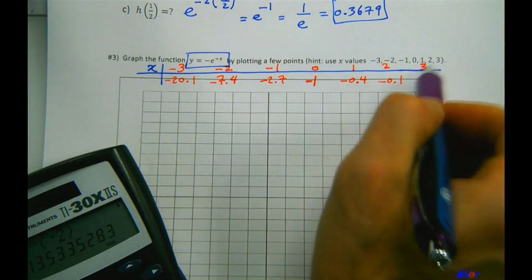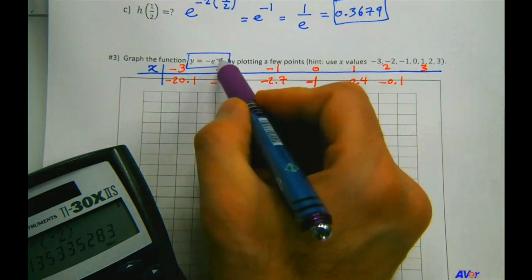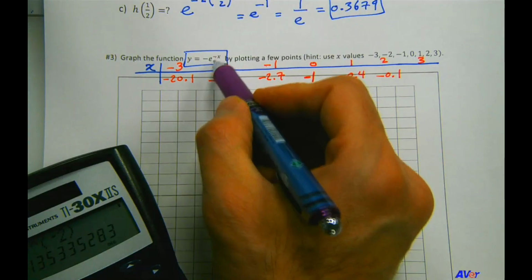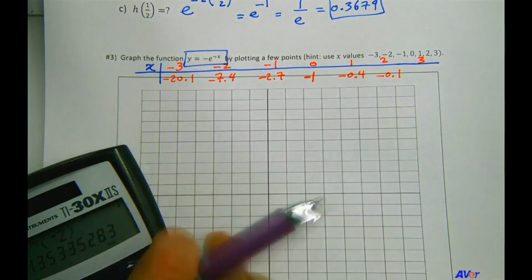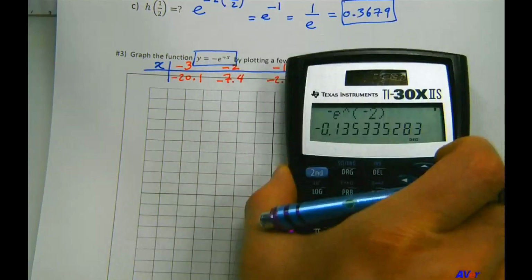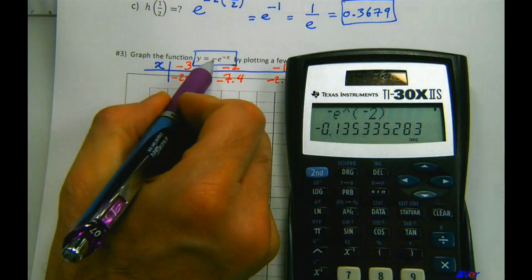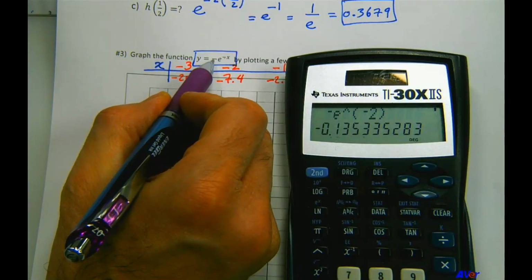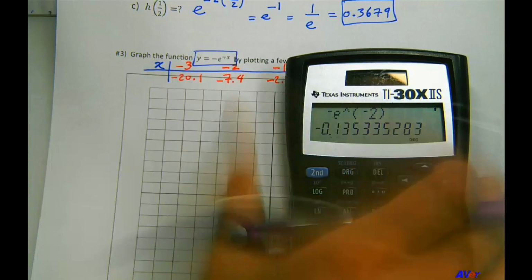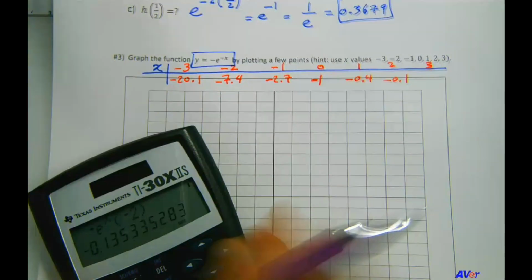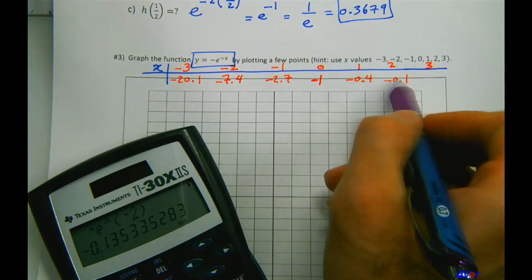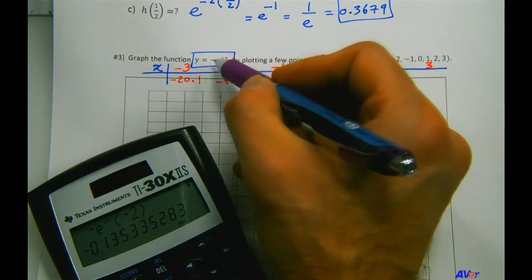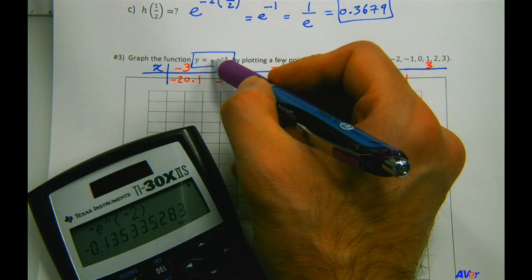And finally, when 3 is plugged in here, we will have minus e to minus 3 power. But this minus in front doesn't get raised to any of those powers. That's why for power equal to positive 2, we still got negative numbers, right? So this minus in front is not going to get raised to any power.